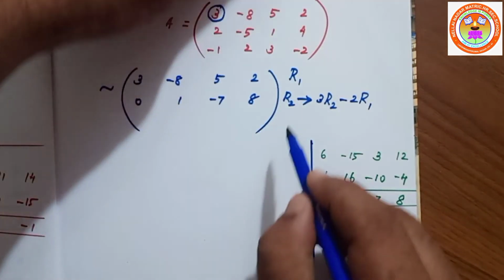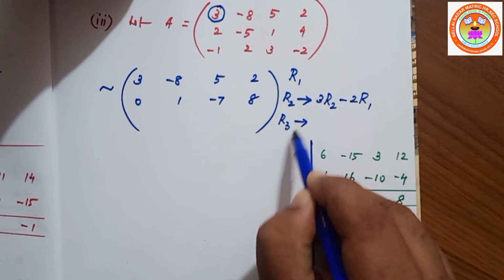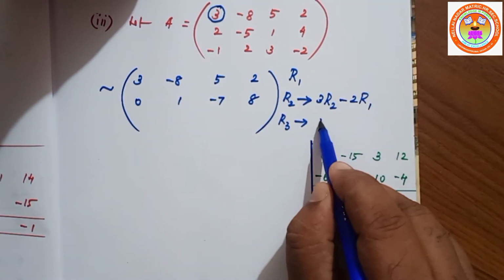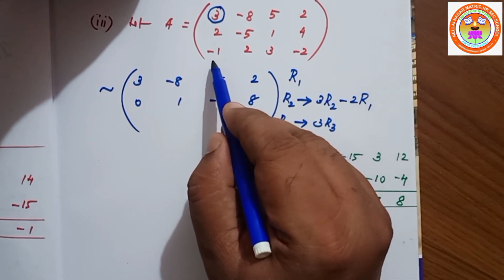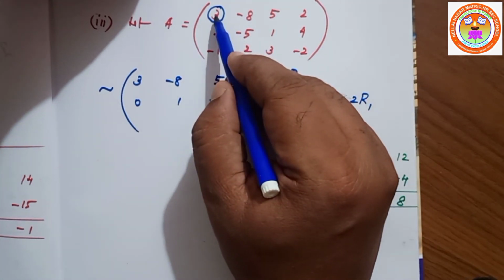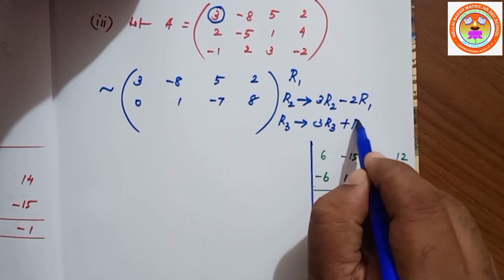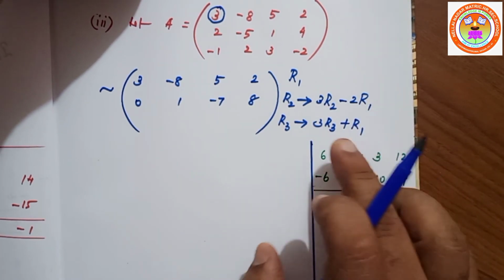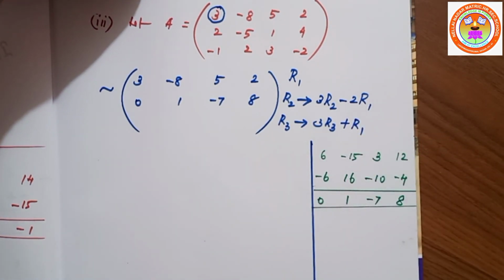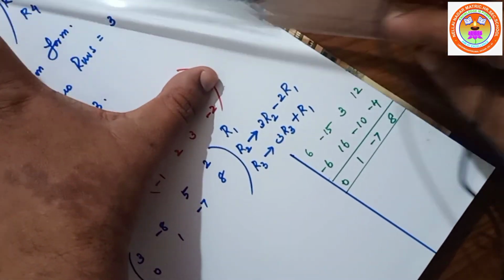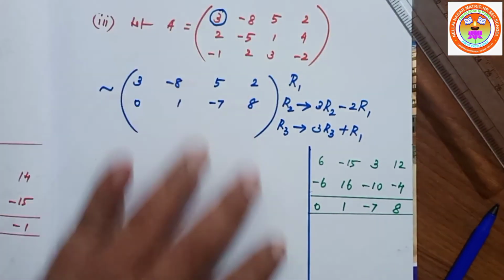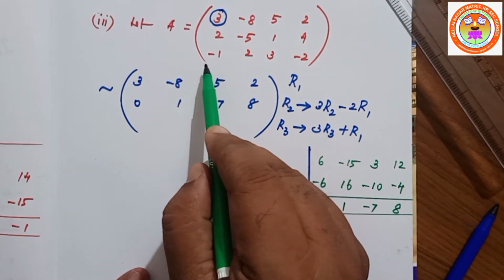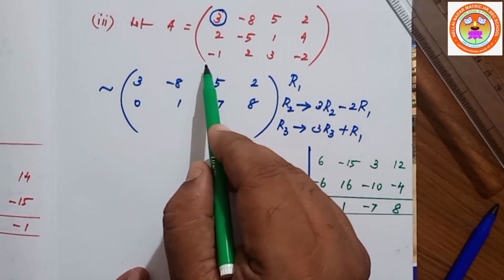So R3, you just multiply by 3, you'll be getting 3 R3. If you multiply by 3, you'll be getting minus 3. Correct? Already we have plus 3, so just add R1. So 3 R3 plus R1. 3 R3 means multiplied by 3.